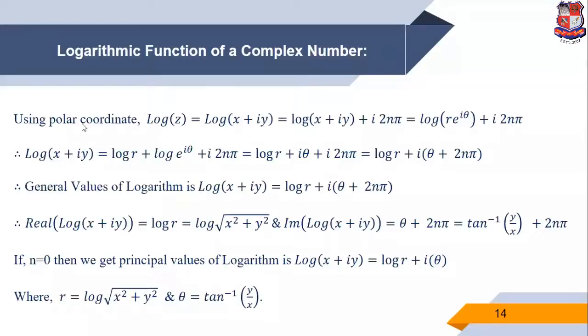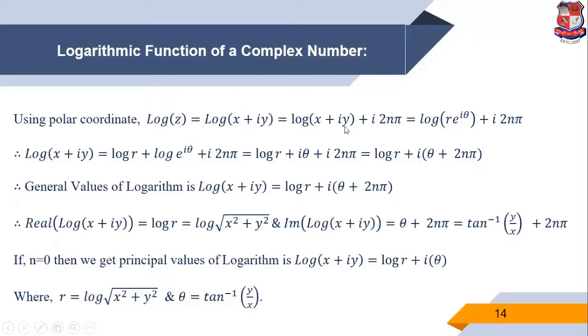So, using polar coordinates, capital log z, where z is replaced with x plus iy, we express as small log of x plus iy plus i into 2n pi, because we consider the general form.